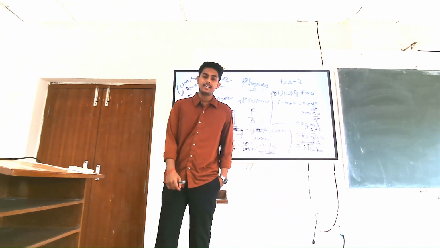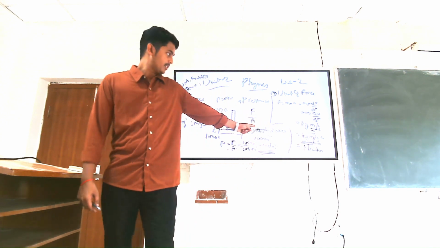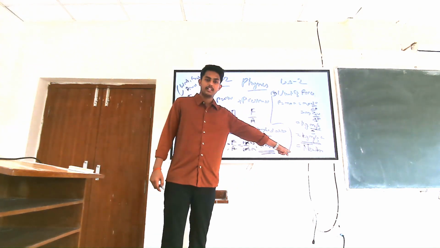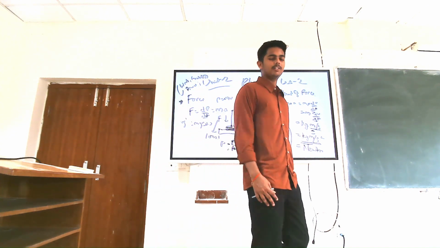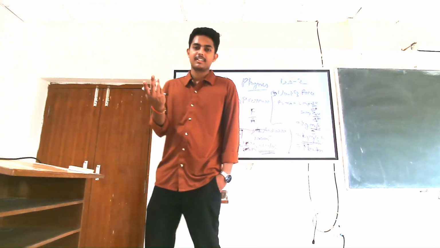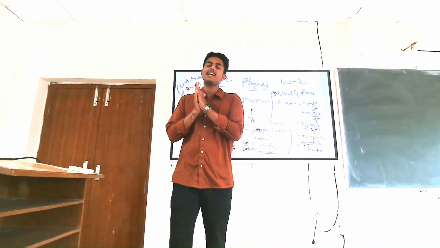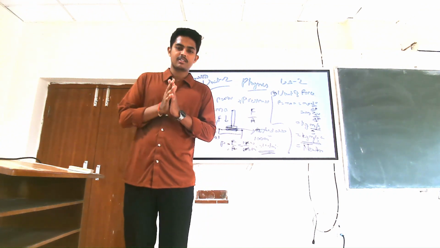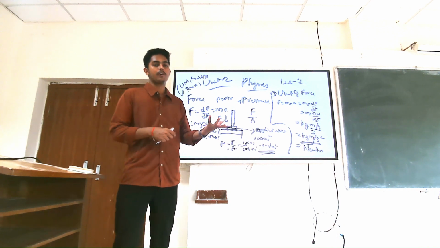Force is a quantity which was first discovered by the scientist named Newton. He named this quantity force. There is a small story, let me tell you in brief. Once upon a time, long ago, there was a great scientist. He sat under an apple tree. One apple fell down.